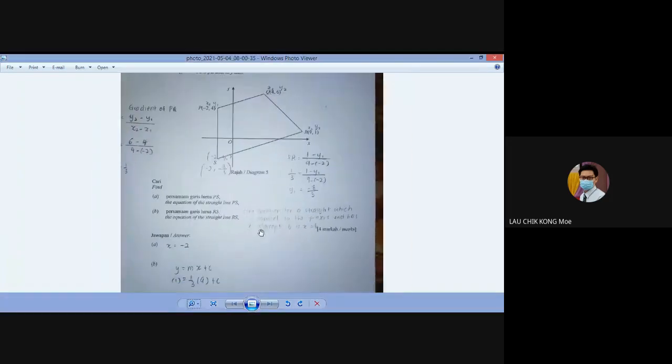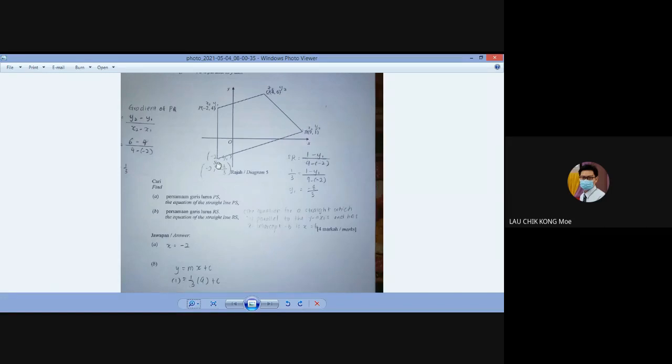To find RS, we need two pieces of information to find the equation of a straight line like this. Number 1 is we need a gradient, and number 2 we need one of the coordinates on the line.